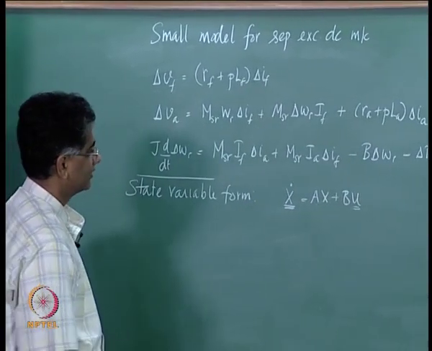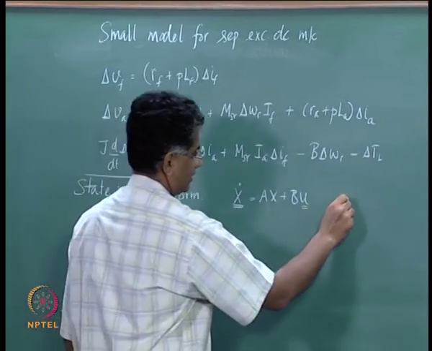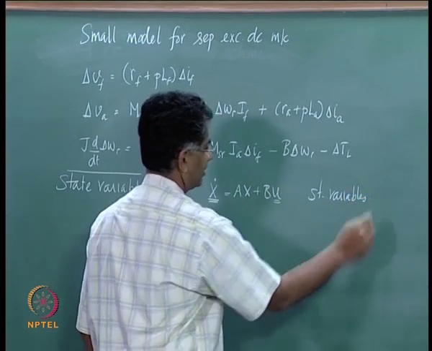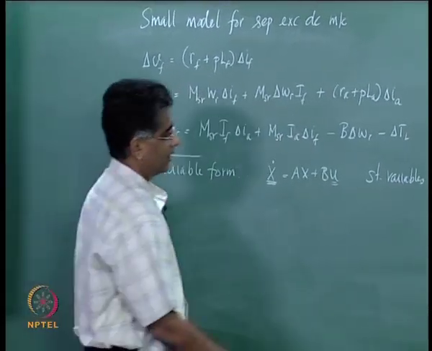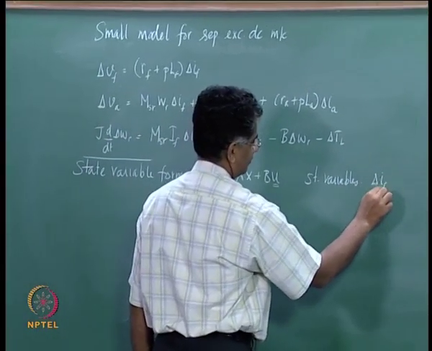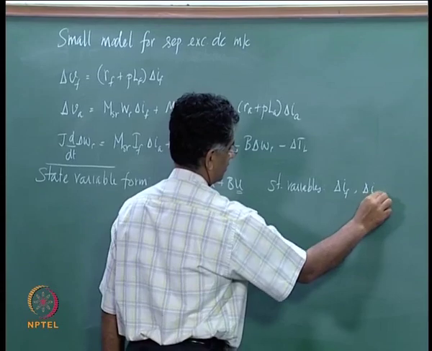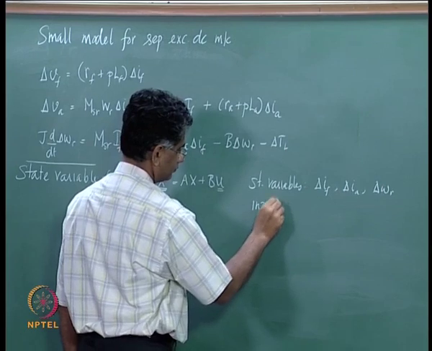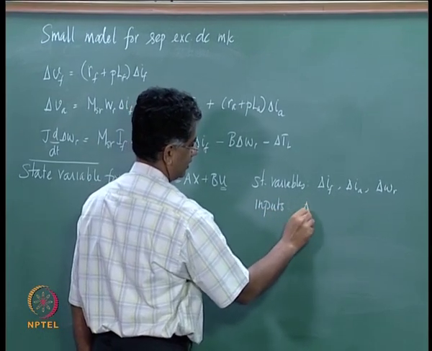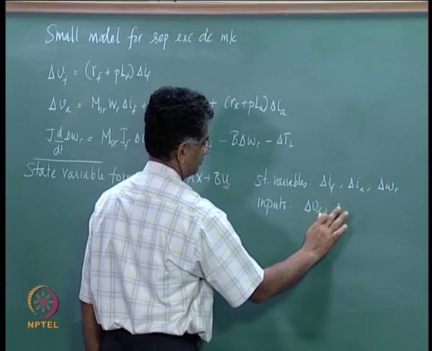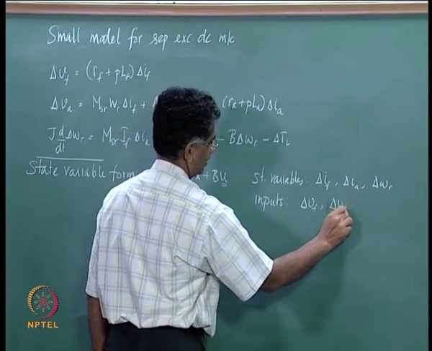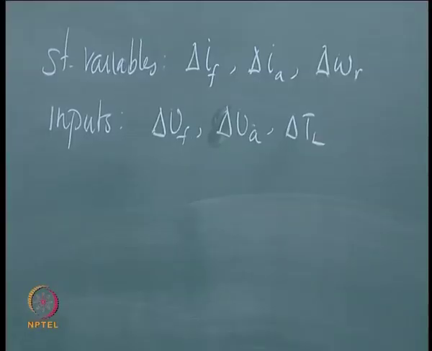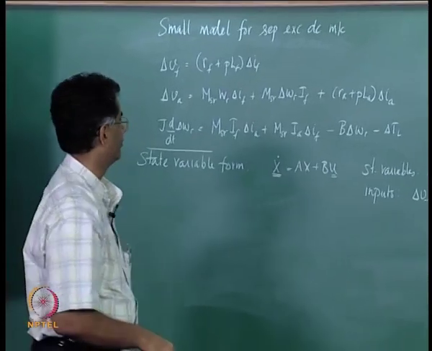So if you recast this, the state variables can be identified in this system as delta If, delta Ia and delta omega r. Inputs in the system are delta Vf, delta Va and delta TL, and we need to recast this expression in this particular form.